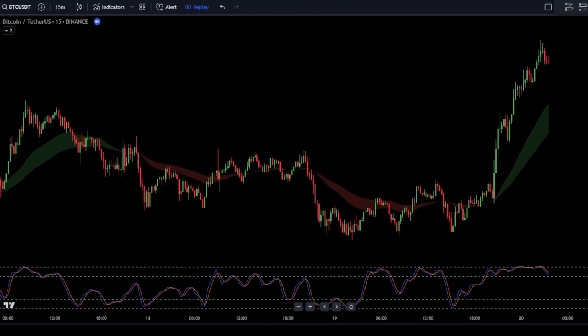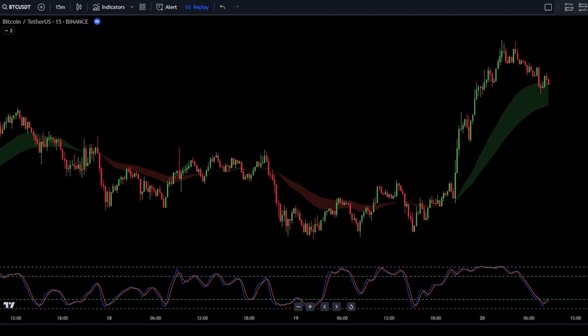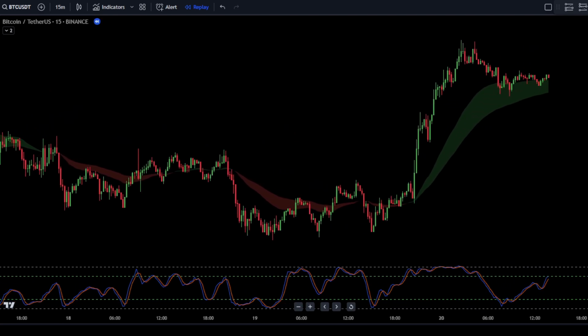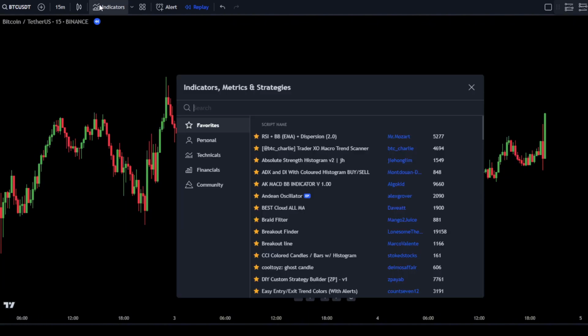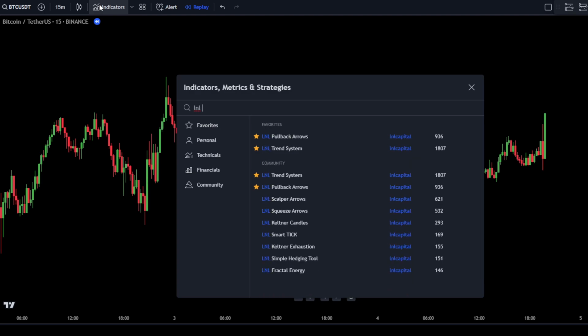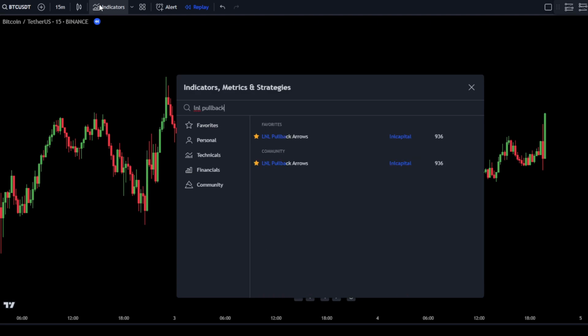Let's get started. If you want to use this pullback trading strategy, you can go to TradingView. Then, go to the Search Indicators tab. In the Search Indicators tab, type LNL Pullback Arrows. Next, simply select the LNL Pullback Arrows indicator from LNL Capital.